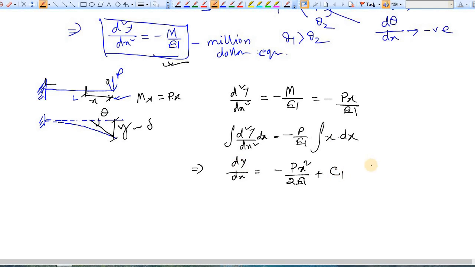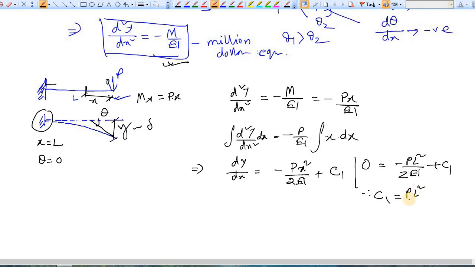This is your theta, but at the fixed end, or when x is equal to L, this theta is equal to 0. So it becomes 0 is equal to minus PL square by 2EI plus C1. So C1 becomes PL square by 2EI.